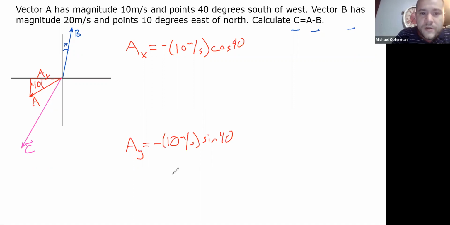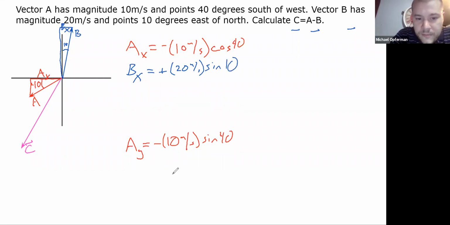Now we break B into its components. BX is positive because it's pointing to the right. And for B, I'm visualizing a right triangle like that. BX is up here. So I can see BX is opposite of the 10-degree angle. So this is going to be positive 20 times sine of 10. BY is also positive because it's pointing upward.